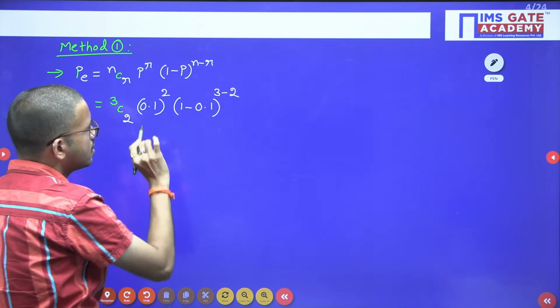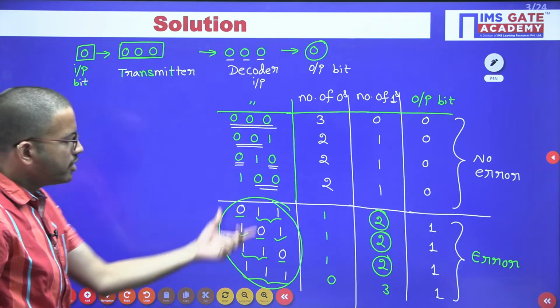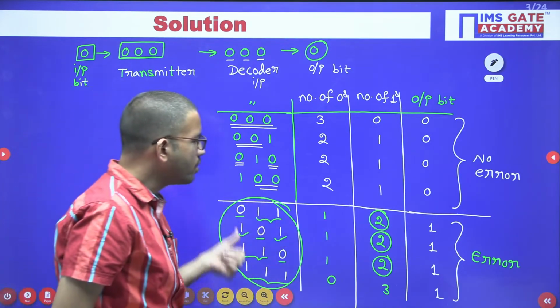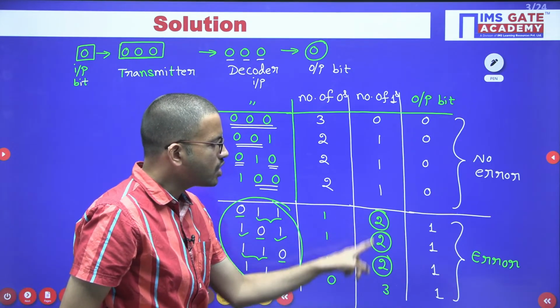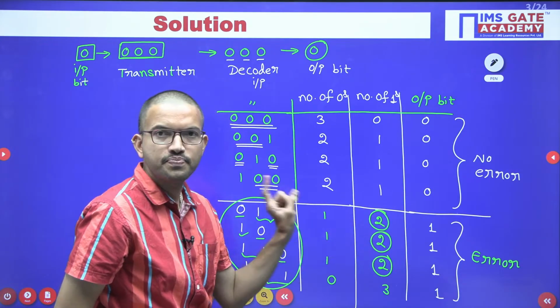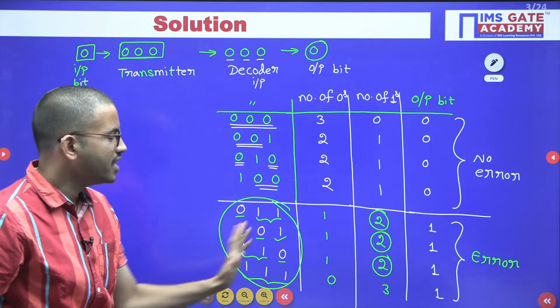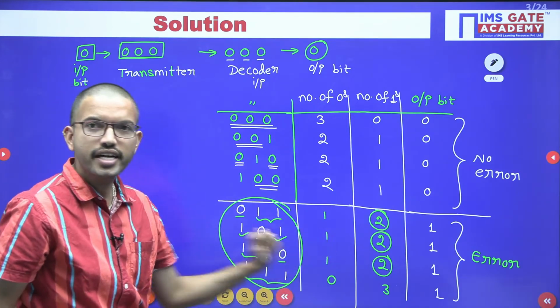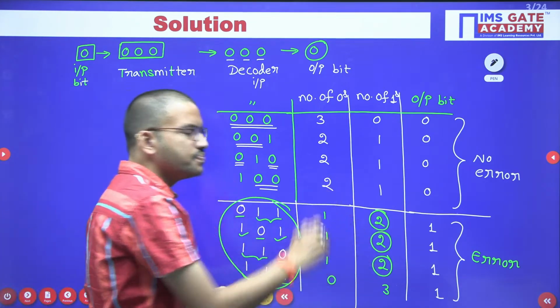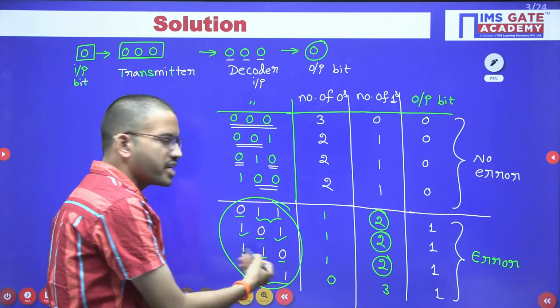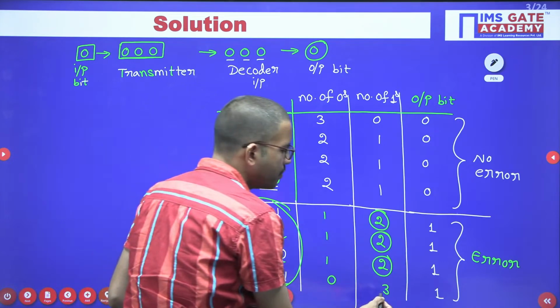From this tabular form, in total you have 4 combinations. Out of these, 3 combinations have 2 ones: any 2 bits out of 3 bits are 1, so r value is 2. And one more combination has all 3 bits becoming 1.